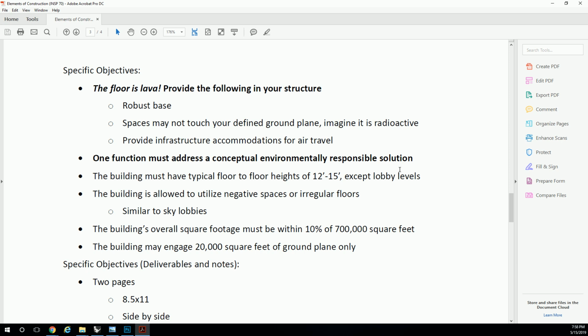But let's jump back. The floor is lava. You're going to provide a fairly robust base, and it should support a structure above it. So I don't want you guys to think, okay, you said 140 feet, so this is 140 feet here, and then I'm going to do floor, floor, floor, floor, floor, times however many I need to get 700,000.